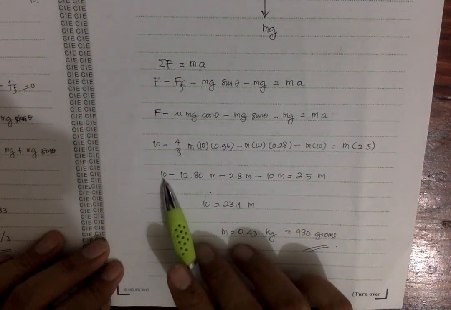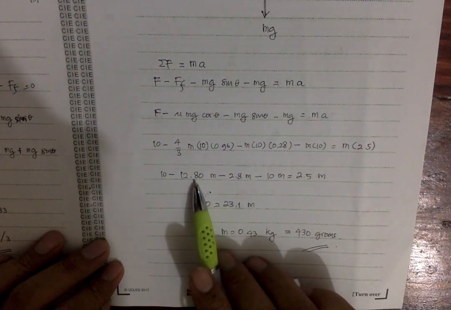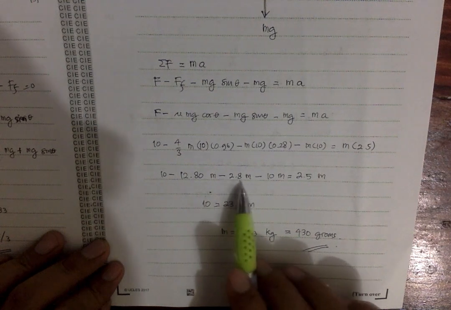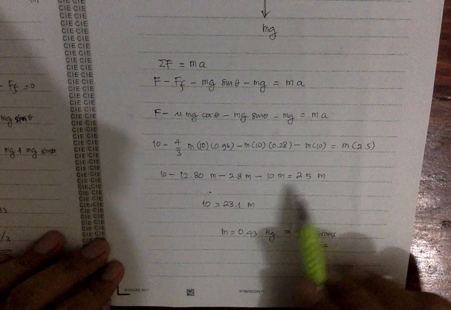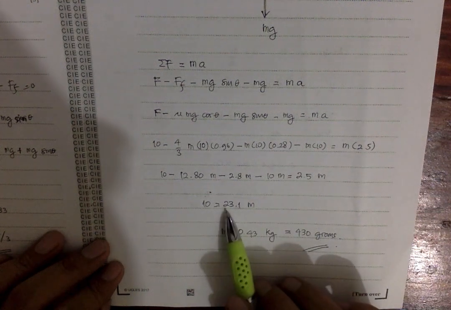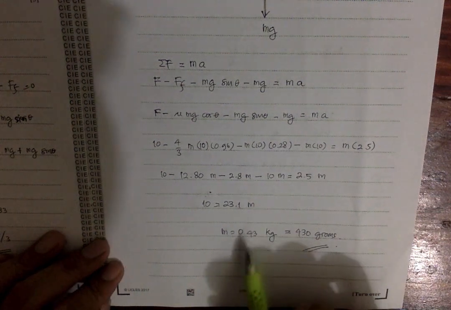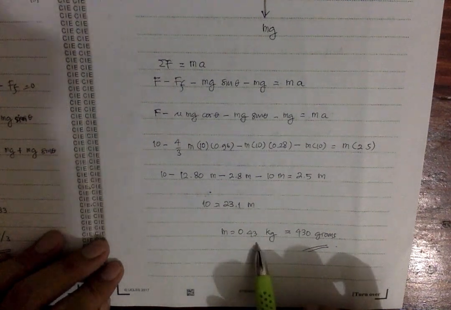So we get 10 minus 12.80 m minus something m minus 10 m equals 2.5 m. Then we get 10 equals 3.1 m, and we have m equals 0.40 kilogram.